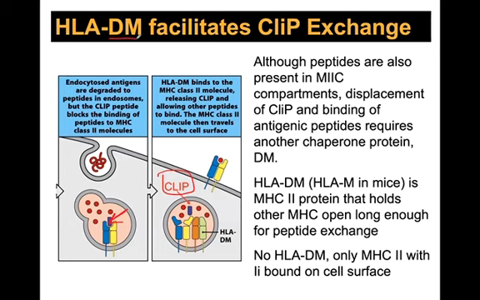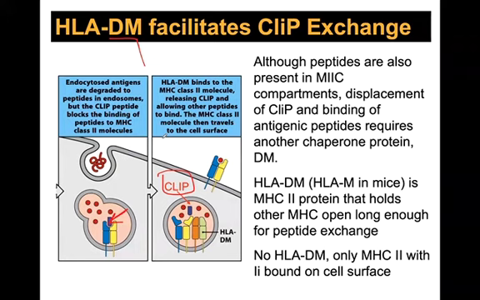The first is DM, HLA-DM. And the job of HLA-DM is sort of analogous to ERP57 and calreticulin, where they're sort of holding it open. But DM is basically coming in, knocking MHC2 open so it can release CLIP, and then other stuff can bind.